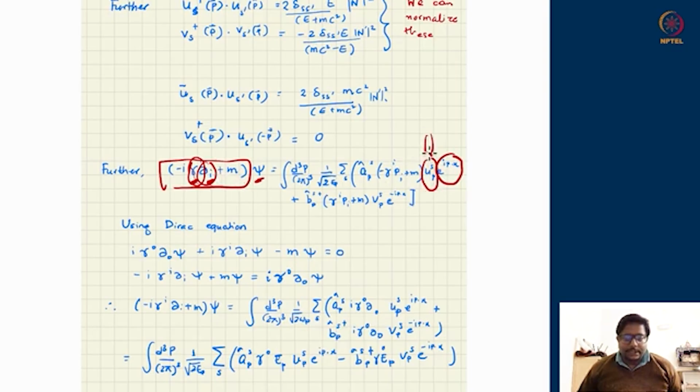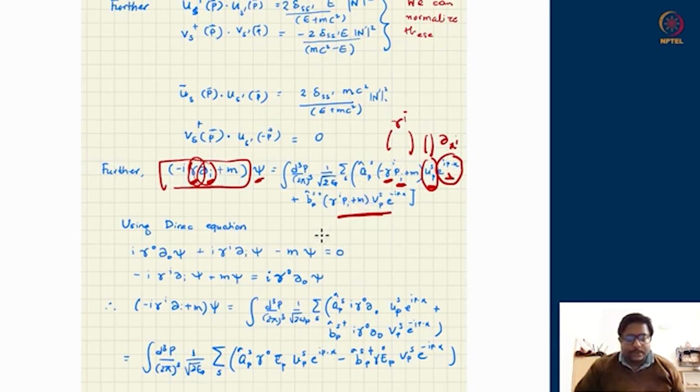This is a column vector. So these operators do not see anything else. They go right across the integration up to the u's. One part is behaving like a vector to be hit upon by gamma i's, and one part is behaving like a function to be hit upon by del i. Similarly for the second part as well, the operator will go inside and hit that as well.